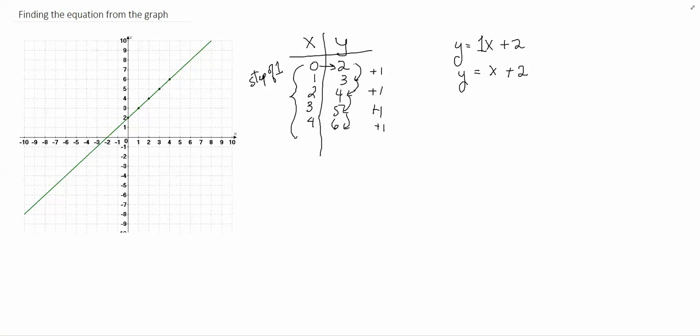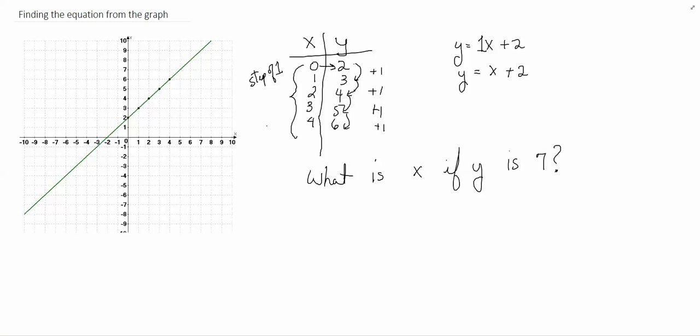Now let's use our equation and our graph to answer a couple of questions. What is x if y is 7? So we can do this two ways.